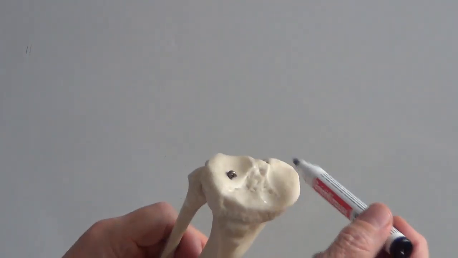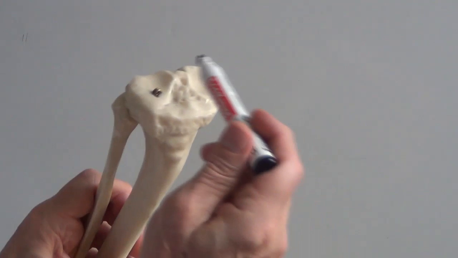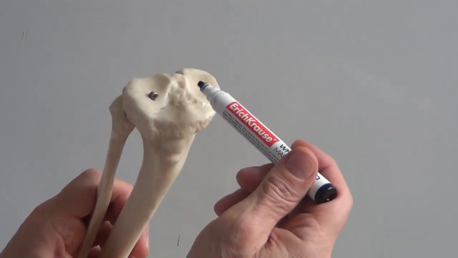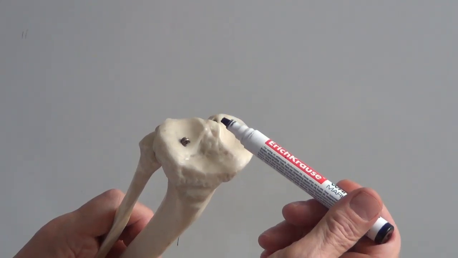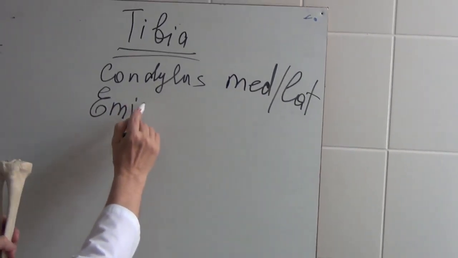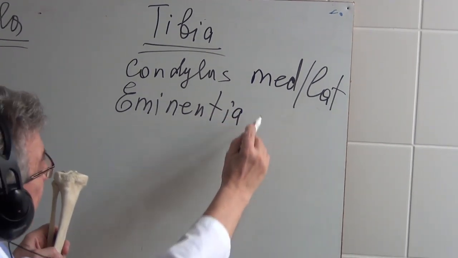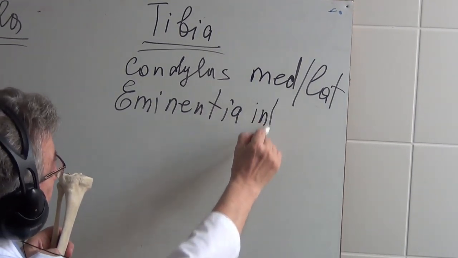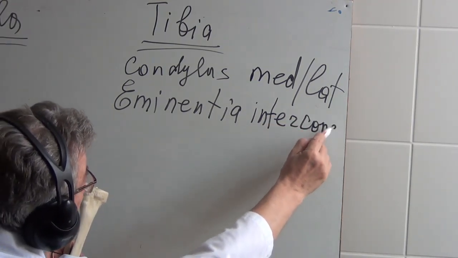Between condylus lateralis and medialis we can find this structure: eminentia intercondylaris.